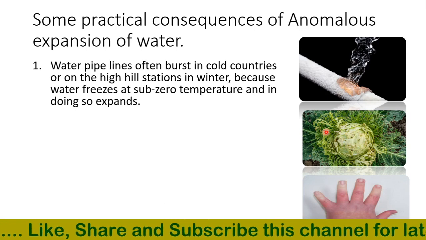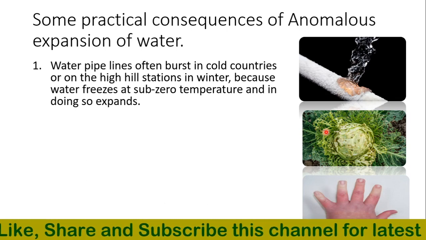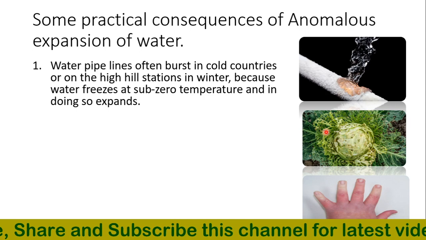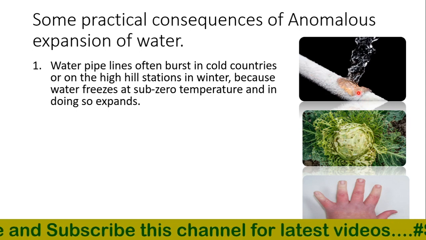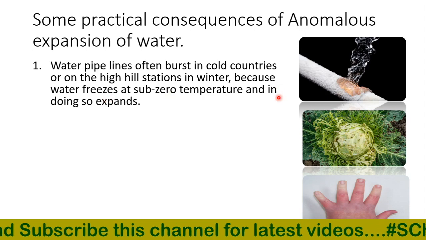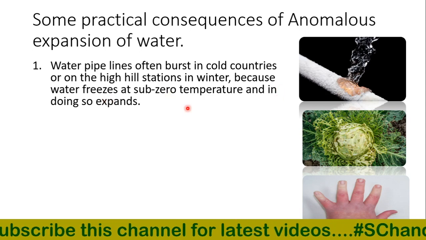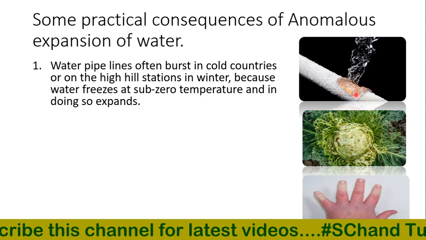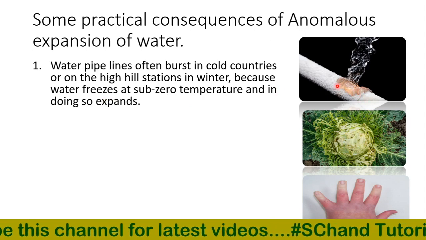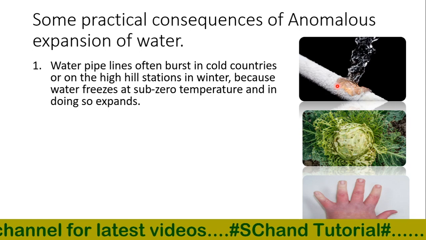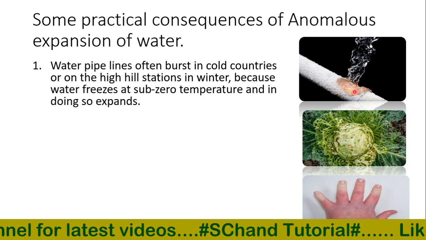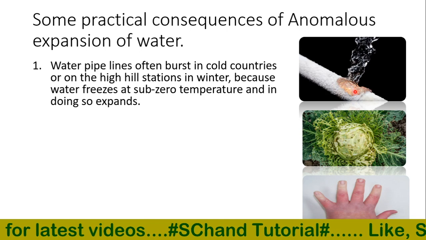Water pipes in the cold countries get burst because the water inside the pipes, at sub-zero temperature, is going to expand, because when water freezes it expands. Because of the expansion it bursts the water pipe.